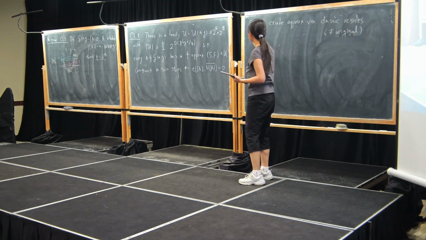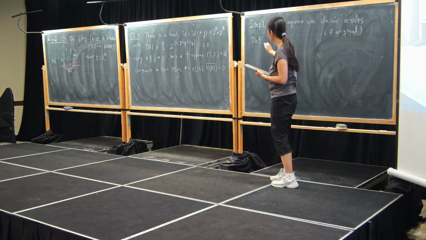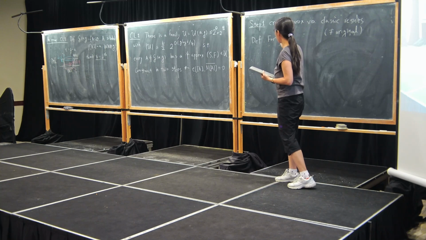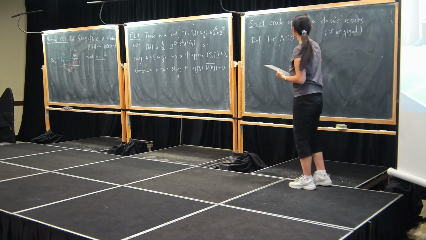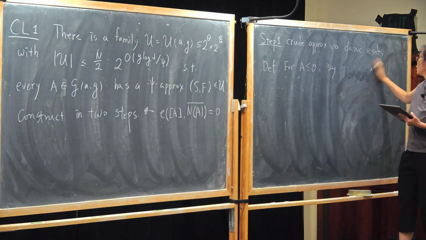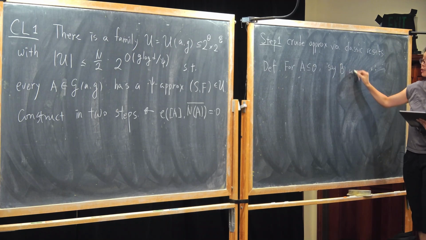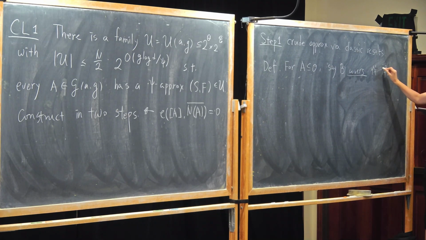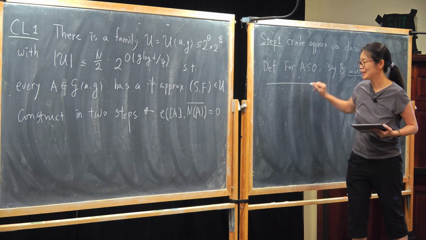And so what is this crude approximation? This is called a cover. So for any A in O, we say B covers A if it looks like this.